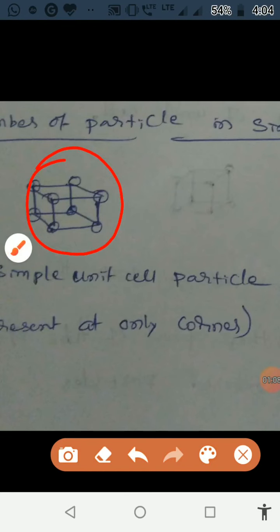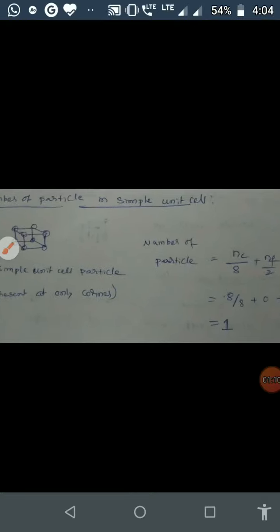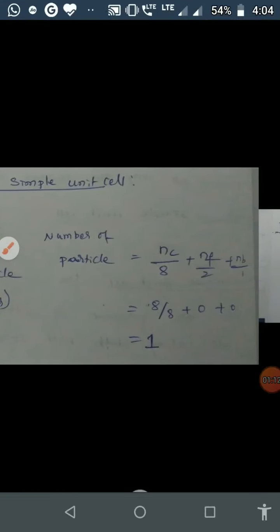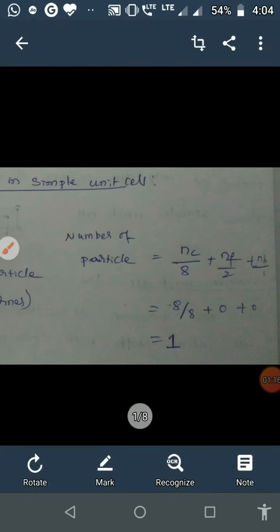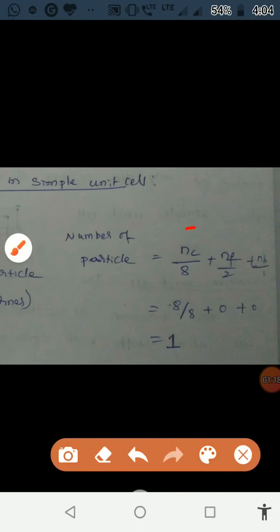Therefore the number of corner particles is divided by 8, because 1/8 portion of that particle belongs to the given unit cell. Therefore it is Nc divided by 8.